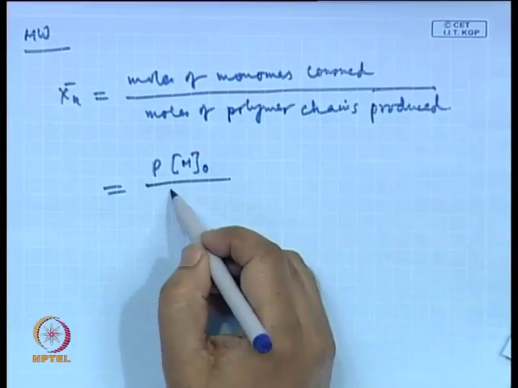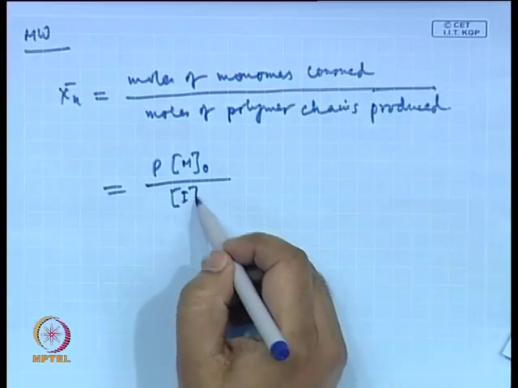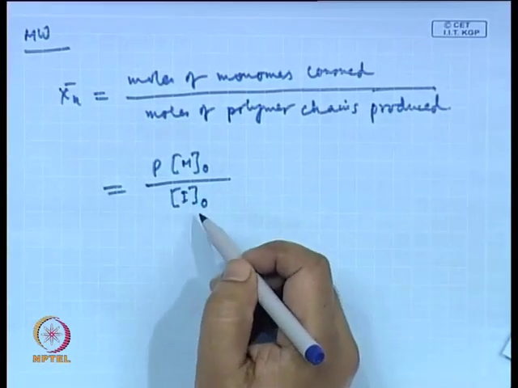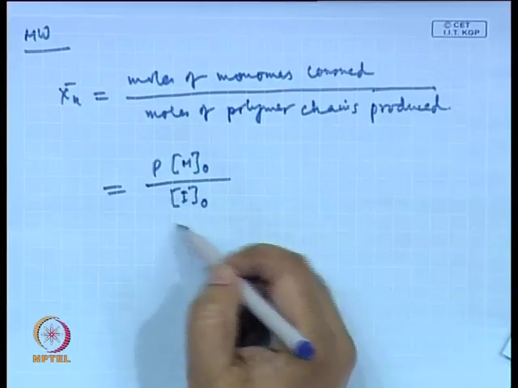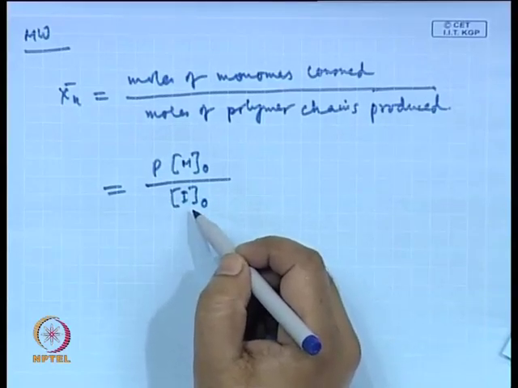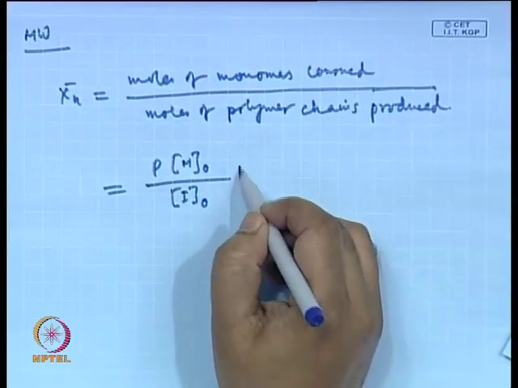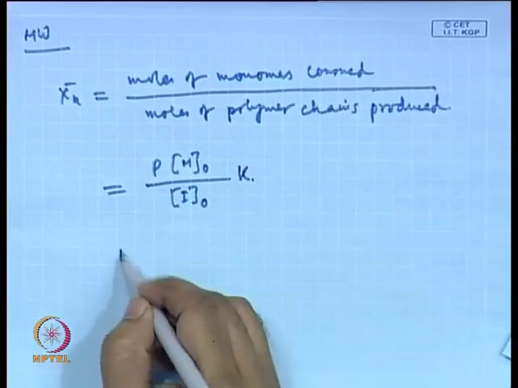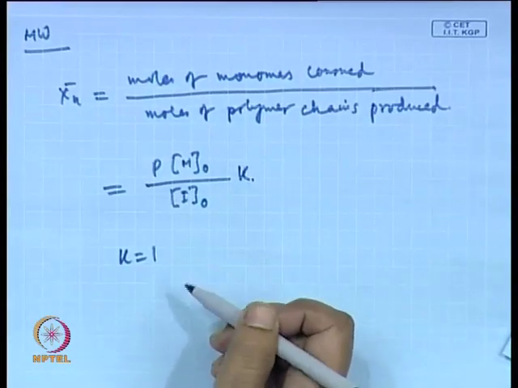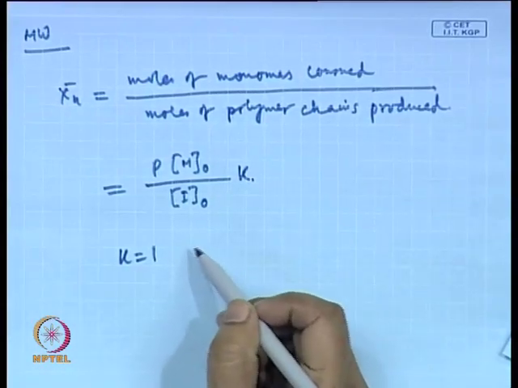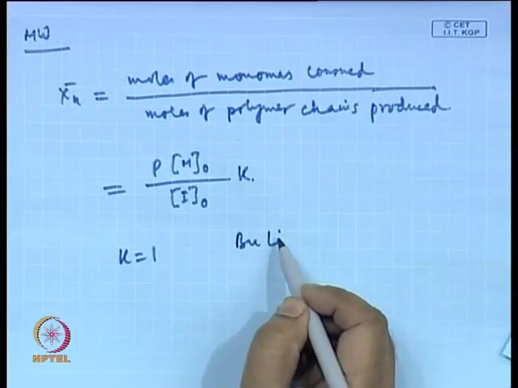whereas the moles of polymer chains is nothing but the moles of initiator molecules present at the beginning. Now, we will have to add a factor k, where k is 1 for the case of initiation where each initiator molecule forms one chain, like the butyl lithium case, the organometallic case.